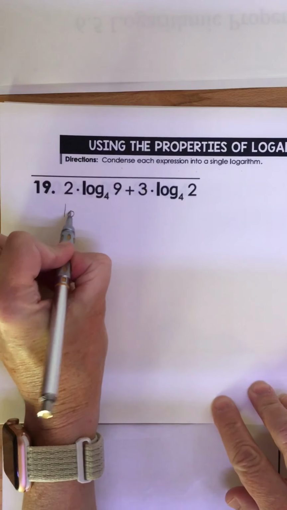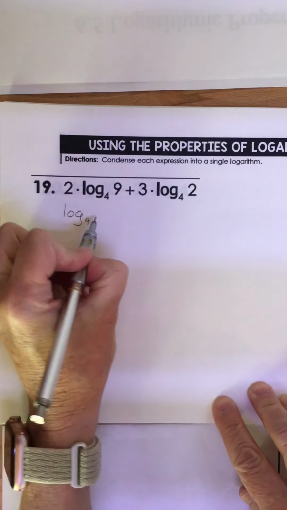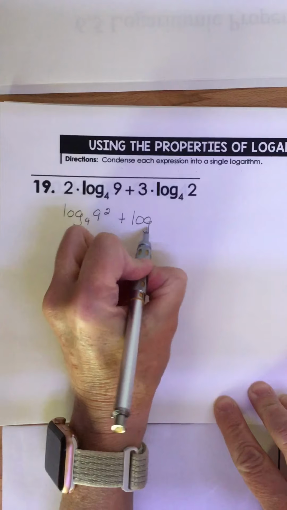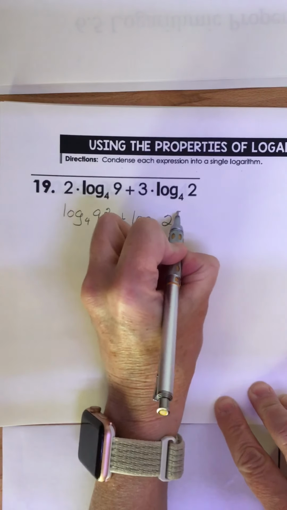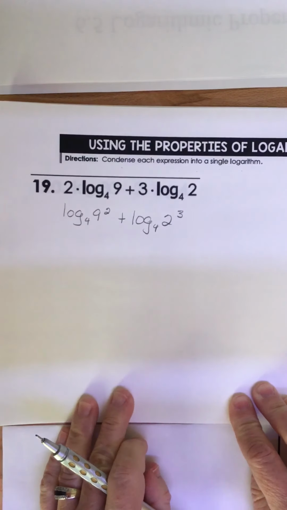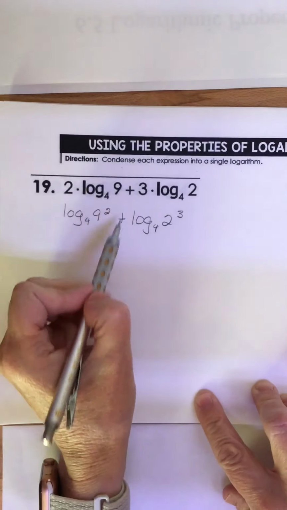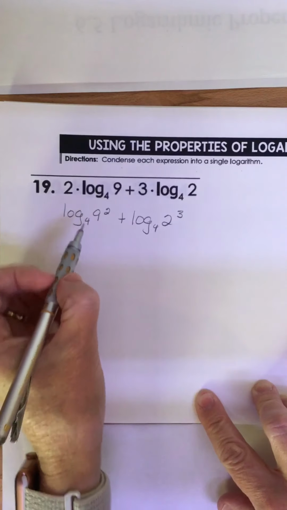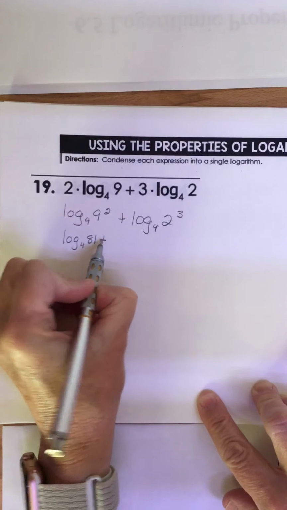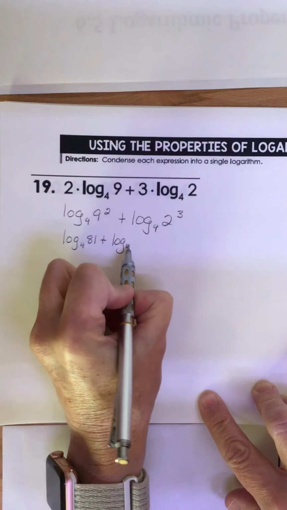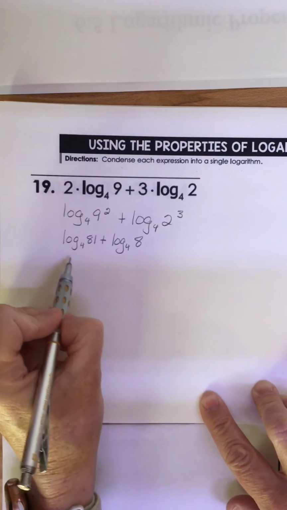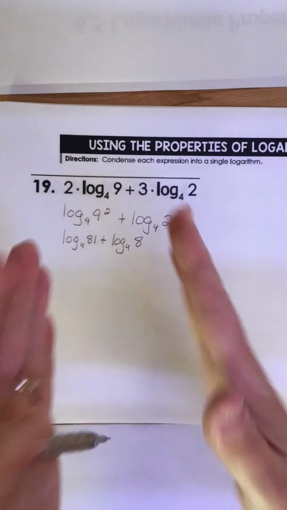So we have log base 4 of 9 squared plus log base 4 of 2 to the 3rd power. And so I know that this would be log base 4 of 81 plus log base 4 of 8. And so now we've got to condense it even more.